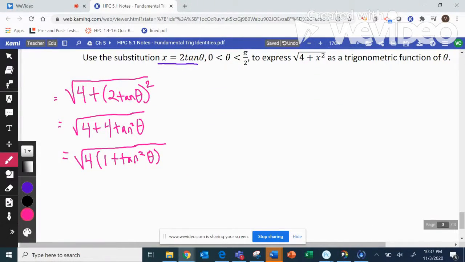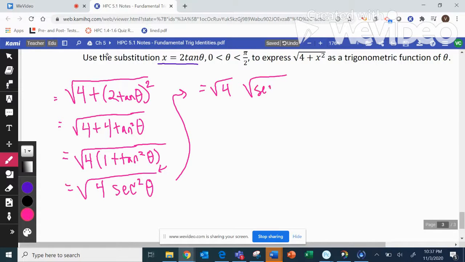I was working this in this direction so that I can use my square root. I need perfect squares to take the square root of. So at this point, I have the square root of 4 and the square root of secant squared theta, which is going to be 2 secant theta.